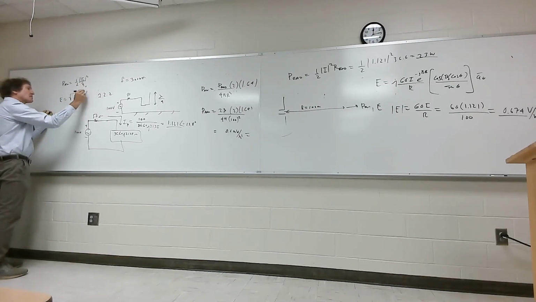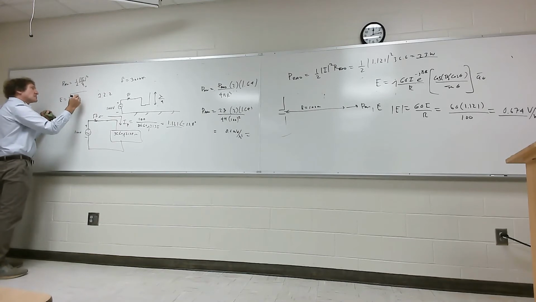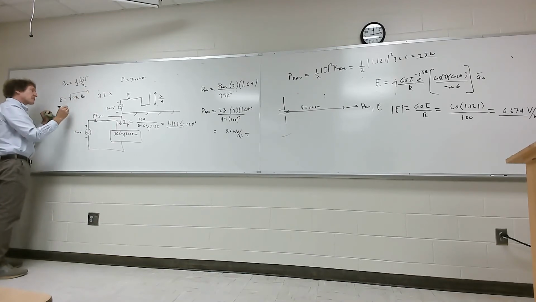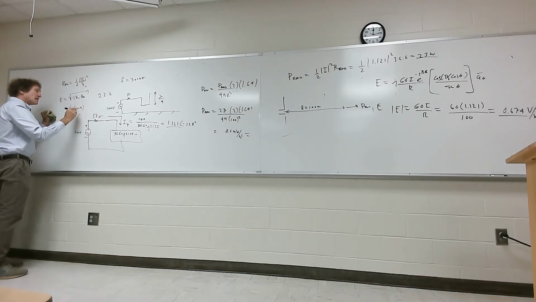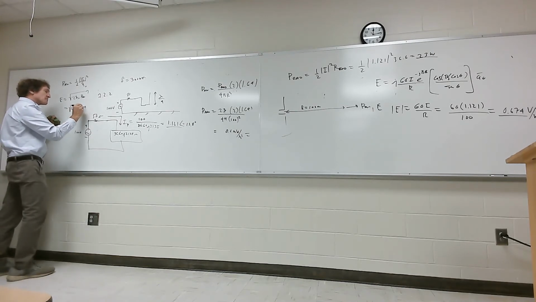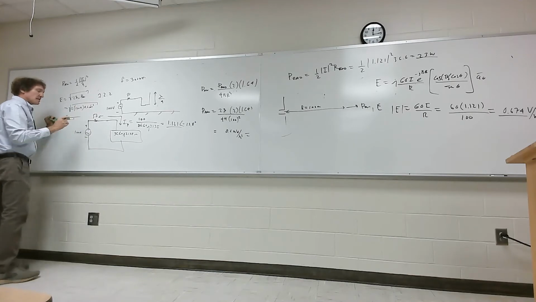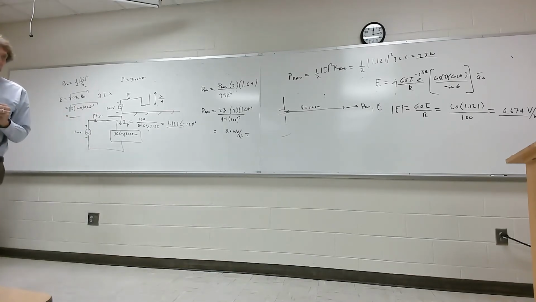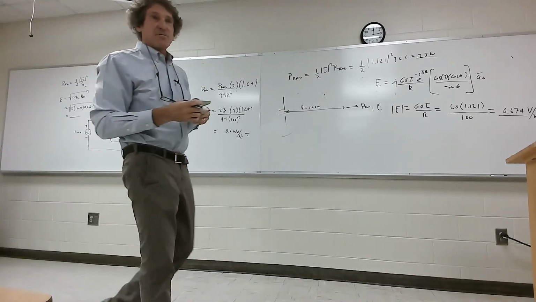It would be the square root of 2 eta naught, or 120 pi, times Pm, right? In free space? That's equal to the square root of 2 times 120 pi times 0.6 times 10 to the minus 3. What do you get? You're going to get 0.674 volts, aren't you?